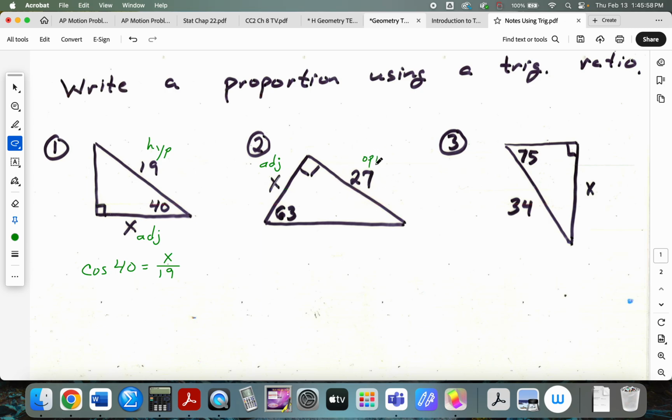Opposite. Which one of our three ratios has adjacent and opposite? It is tangent. So the tangent of 63 is equal to the opposite leg, 27, over the adjacent leg, x.